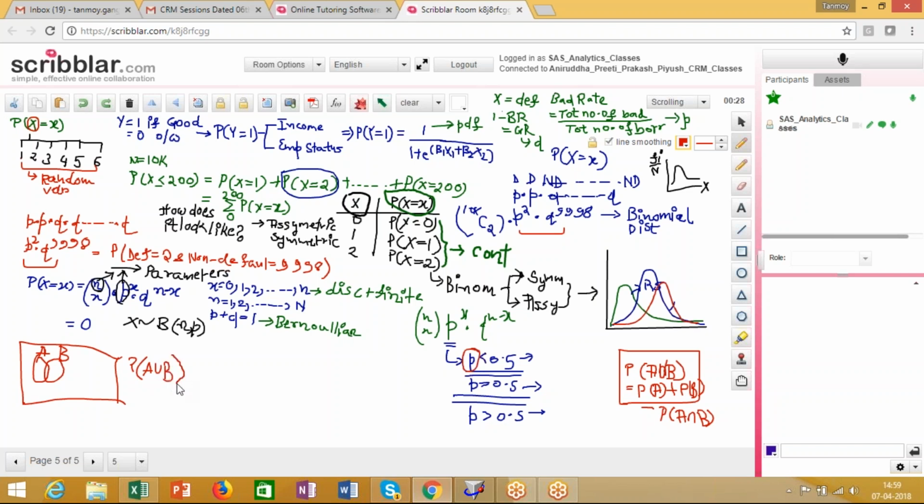Can any one of you write it on the chat box? Preeti, Kumar, Srinivas, anyone? What do you mean by A union B? I hope you guys are making notes as I'm going forward, right?